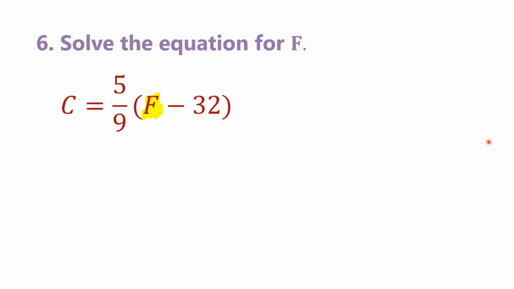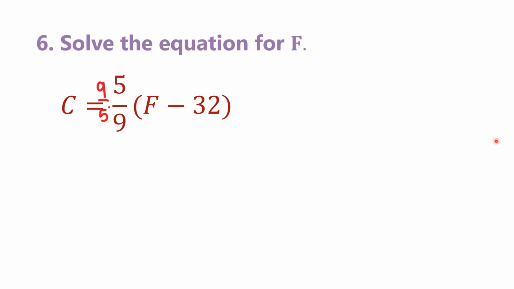Y'all might remember this from your last algebra class, but if you want to get rid of a fraction, if you want to move a fraction to the other side, you can multiply both sides by its reciprocal. Okay, so you can multiply both sides by the reciprocal of that fraction to cancel it out.